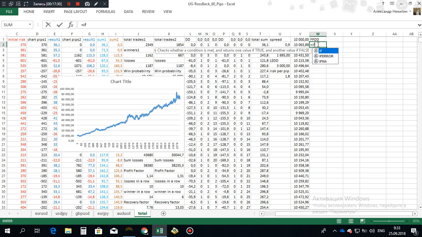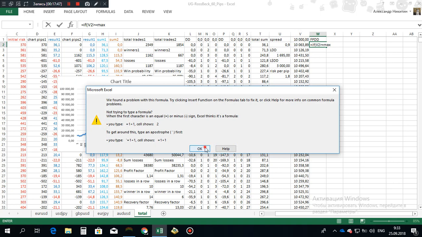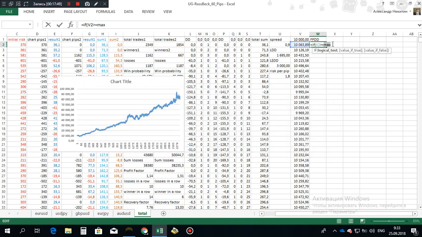It equals if the cell that I'm looking at right now is more or equals to the maximal on my equity curve that I had before, then I don't have any drawdown, of course.